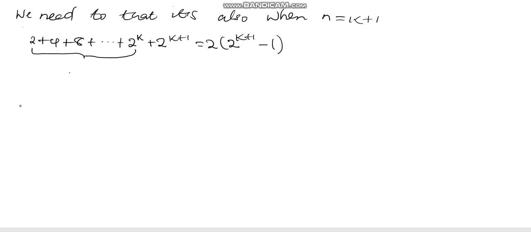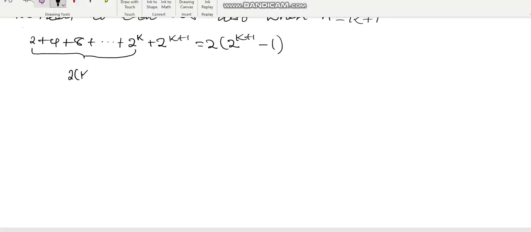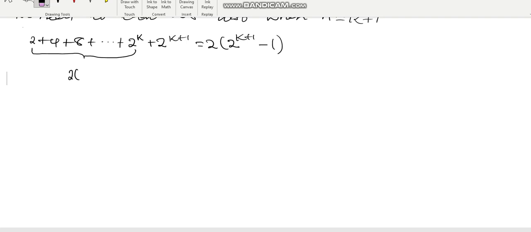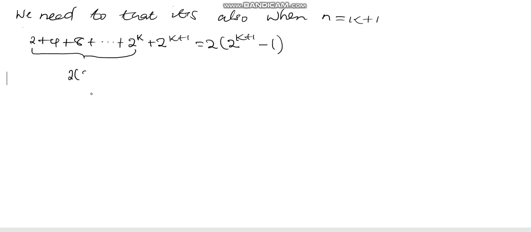So we have 2 open brackets 2 to the power k minus 1 like this here, plus 2 to the power k plus 1, is equal to 2 open brackets 2 to the power k plus 1 minus 1.